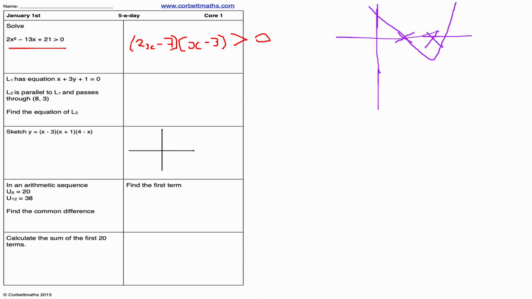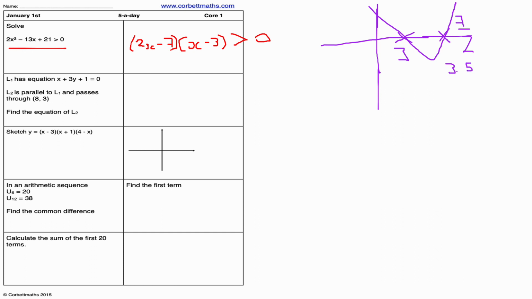So let's just change this here, so that will be 7 halves when you solve that, and then that will be 3. 7 halves, remember, is equal to 3.5.